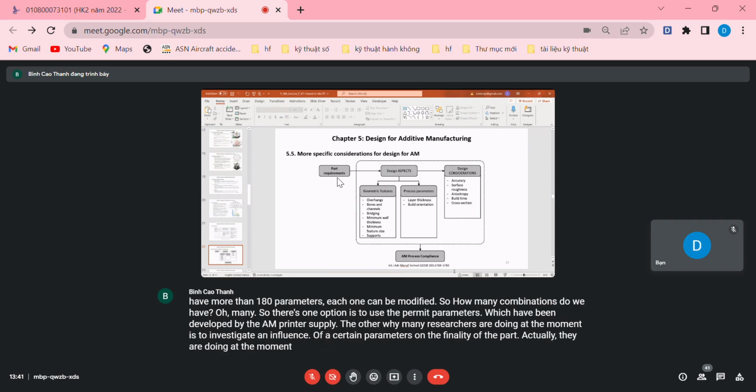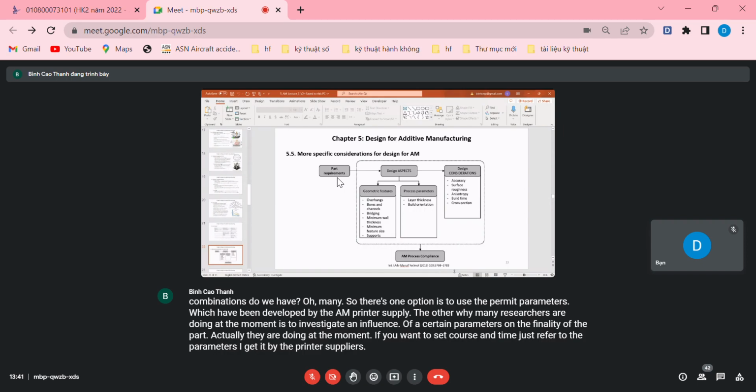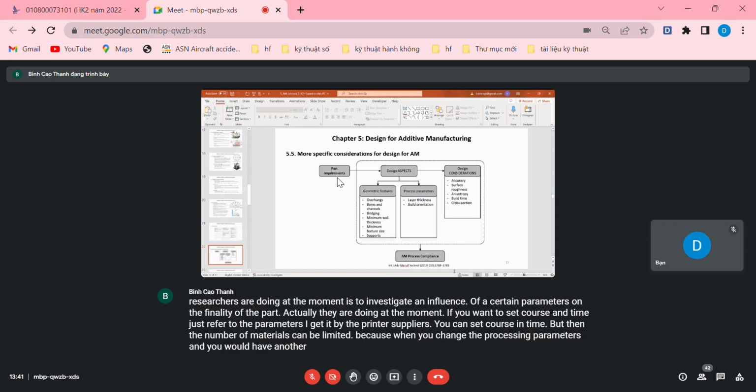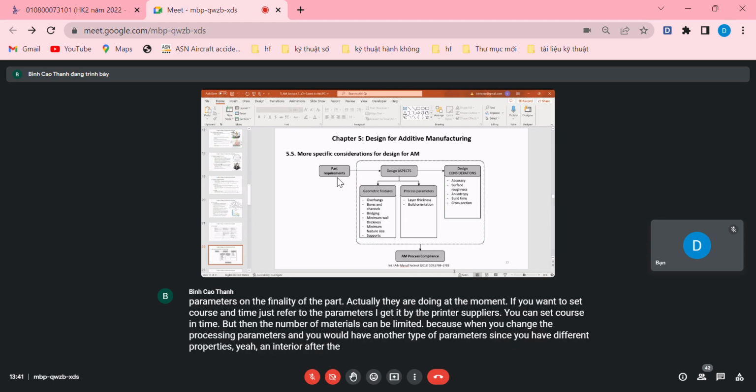If you want to save cost and time, just refer to the parameters suggested by the printer suppliers. You can save cost and time. But then the number of materials can be limited, because when you change the processing parameters, you would have another type of parameters, since you have different properties of the material after the 3D printing process.